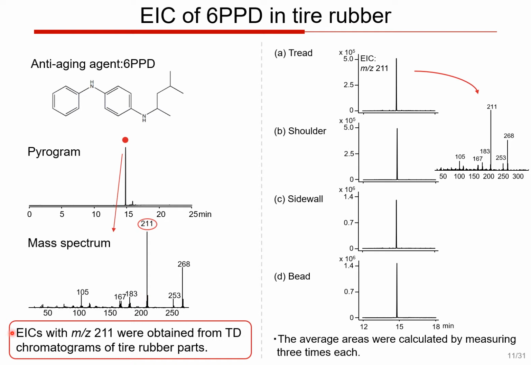So, the EIC of m/z 211 for each part of the tire rubber is shown on the right. These peaks were confirmed to be the 6-PPD peak from each spectrum. The measurements were performed 3 times each, and the average peak area value was calculated.